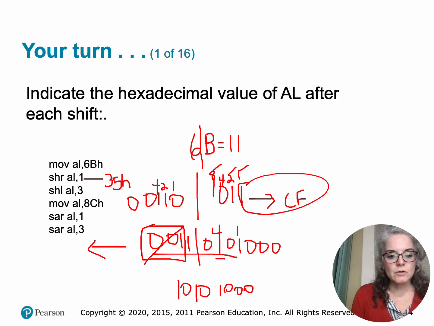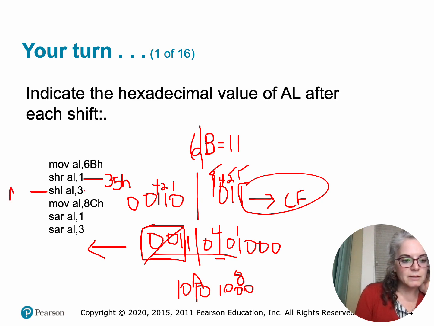Okay, so 1, 0, 0, 0 is an 8, because remember, this is worth 1, 2, 4, 8. 1, 2, 4, 8. So this is a 10. So it's A8. This instruction here gives you A8 in hex.